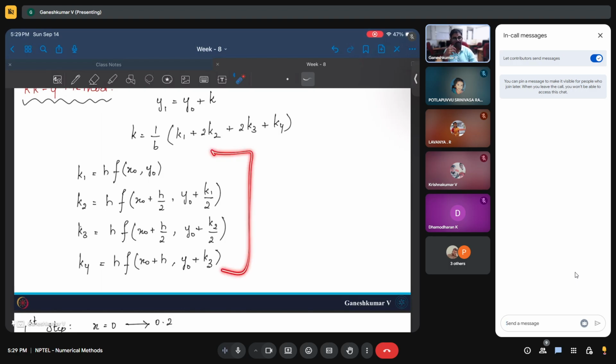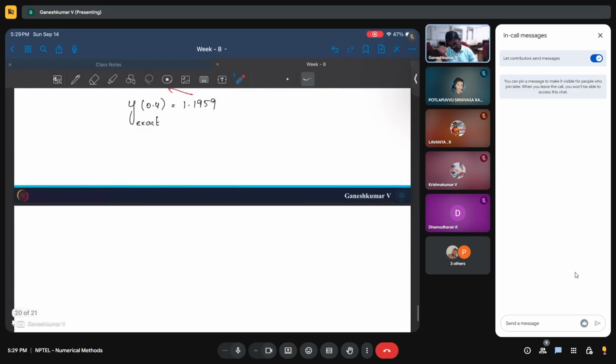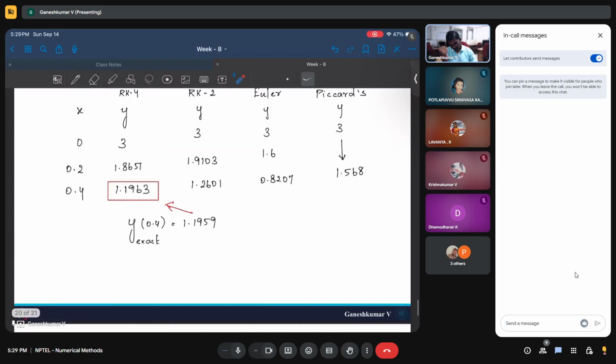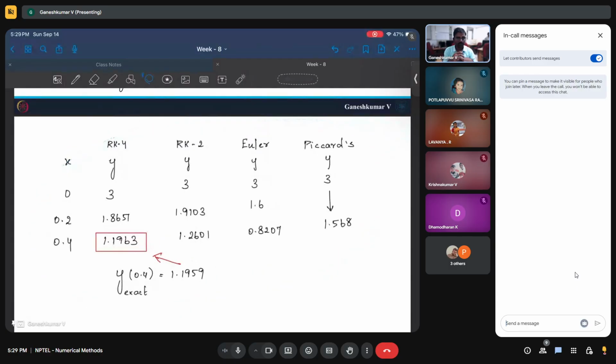Here the function evaluations become twofold. But RK4 is primarily reliable whenever you encounter a real scenario. Whenever you solve any ODEs, if you are using RK4, people will accept it.